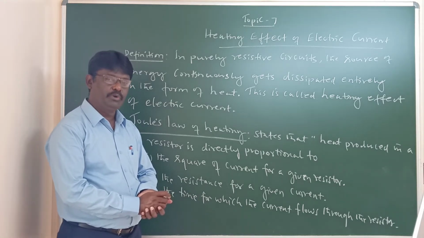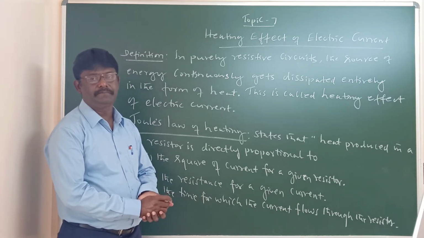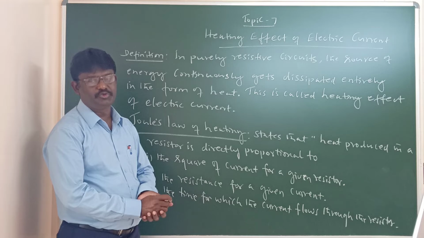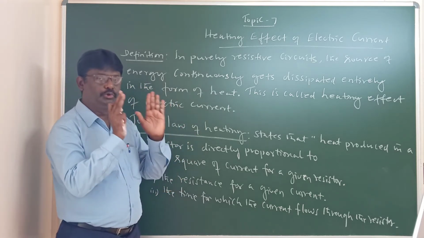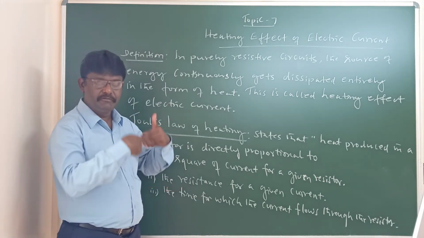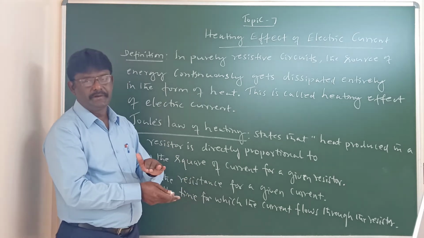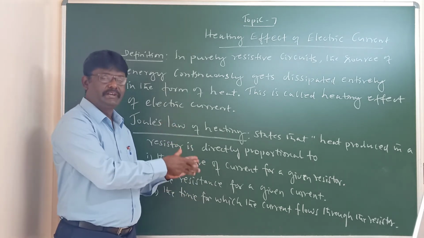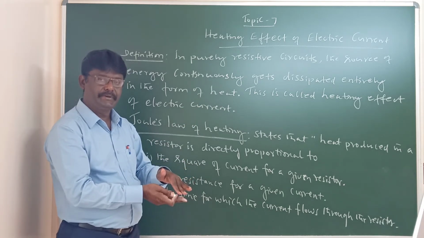That we know: it is the property of a resistor by virtue of which it opposes the flow of current. Due to that opposition, there will be transformation, conversion of electrical energy into heat energy. Okay, children.